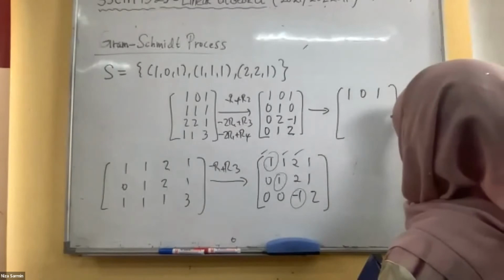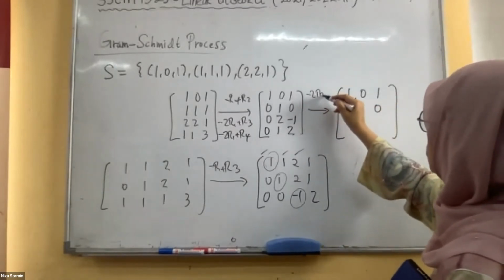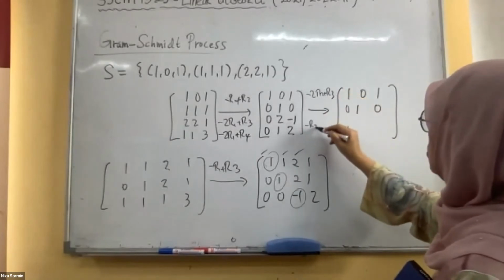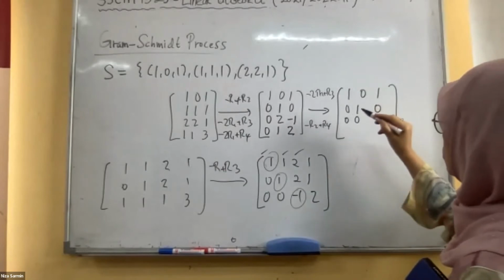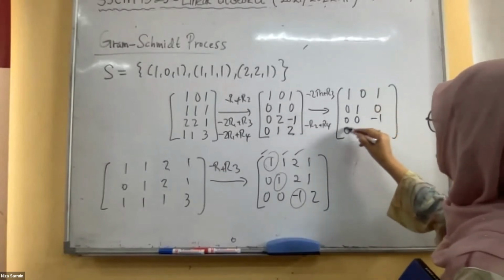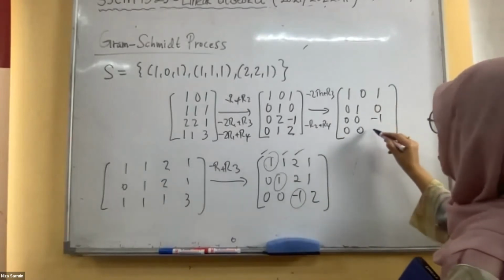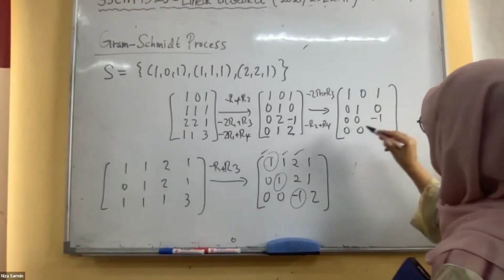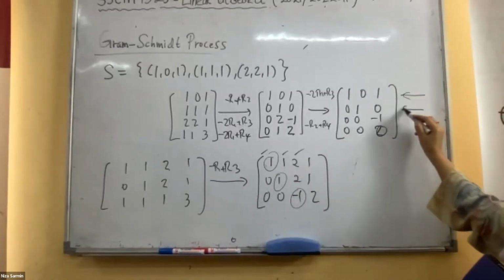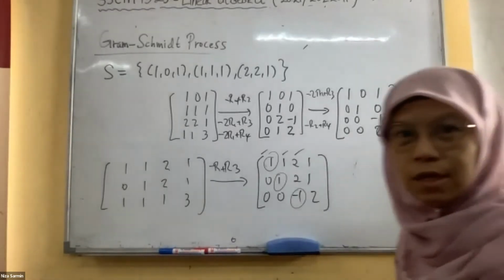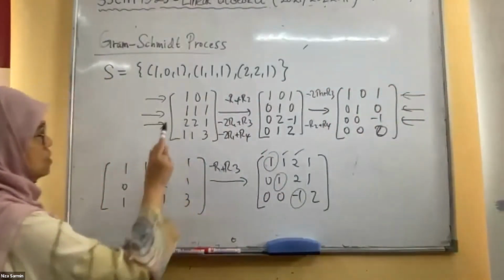Negative 2 row 2 plus row 3, negative row 2 plus 0, negative 2, 0, negative 1, 0, 0, 2. And then one more, you will get this 0. So you take the first 3.